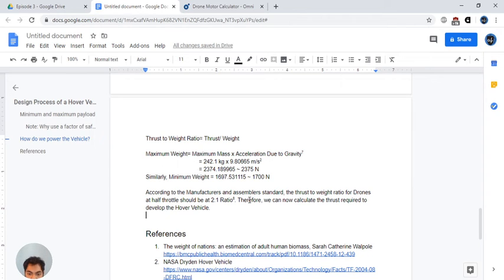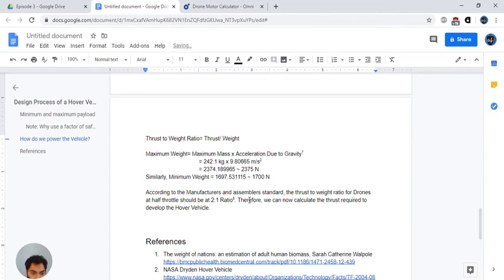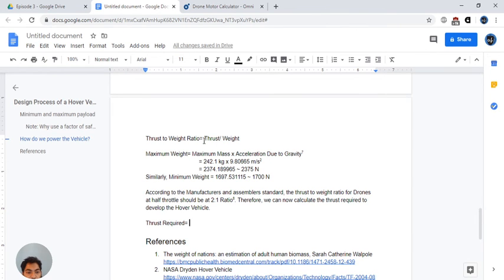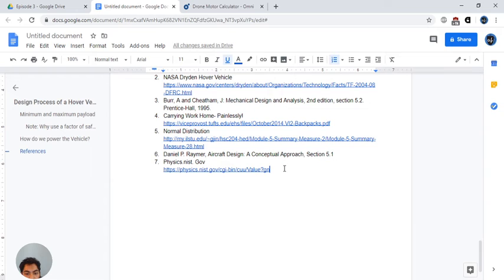So we can do that now, right? Thrust required equals to omnimotor calculator. Since we're using the electrical motor, this might be useful, but omnimotor.